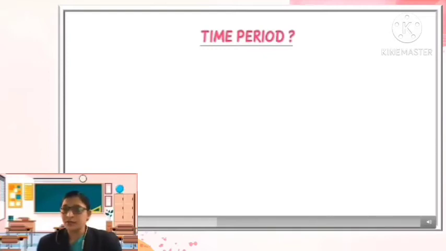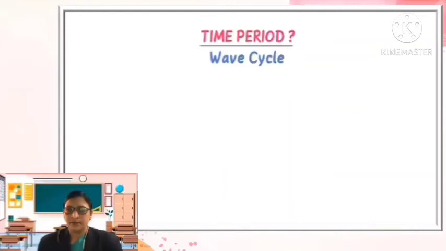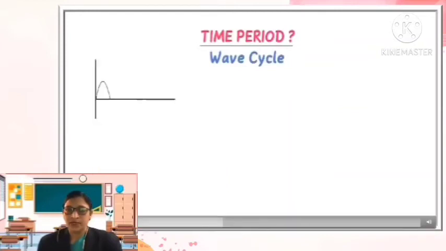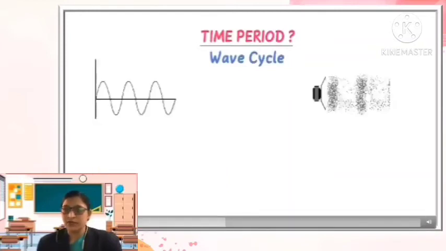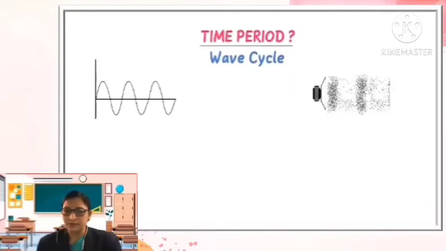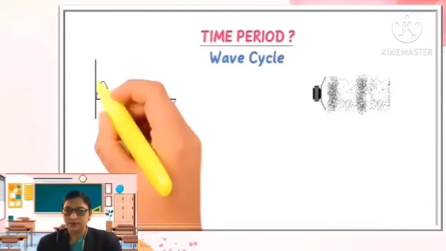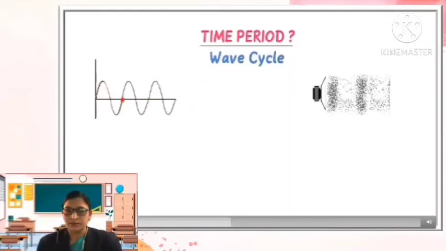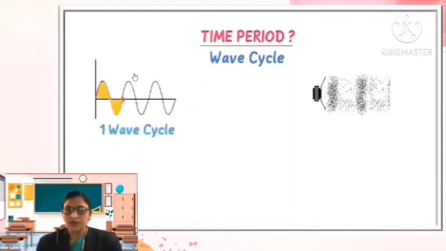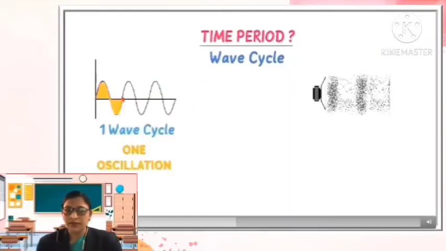Next term is time period. Let us consider the complete wave cycle. So here, one complete oscillation consisting of crest and trough is a complete wave cycle.